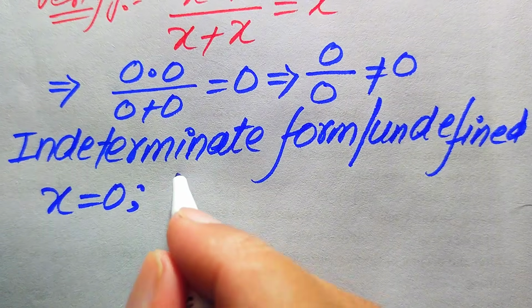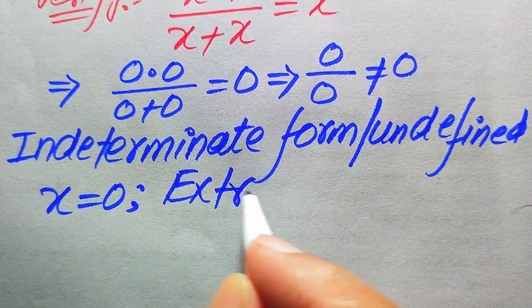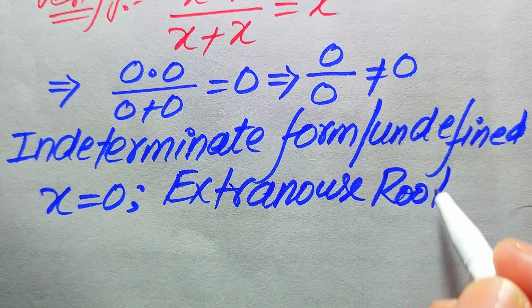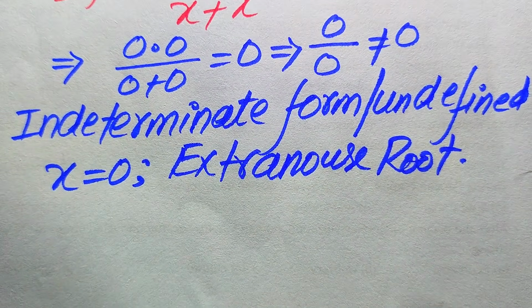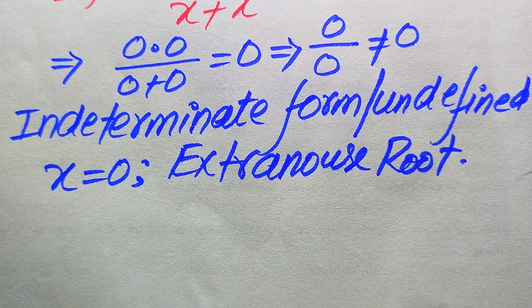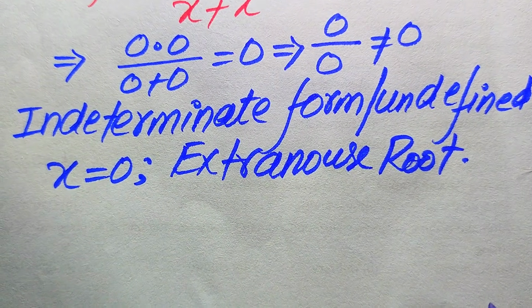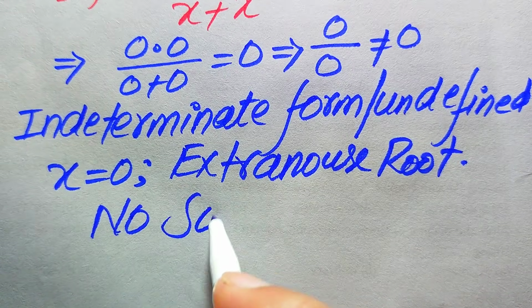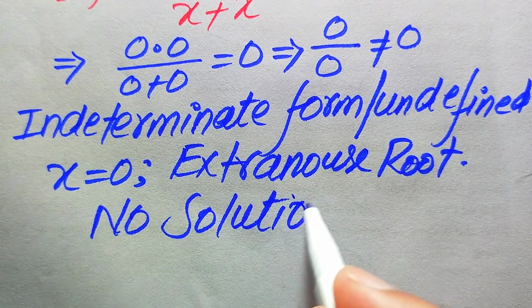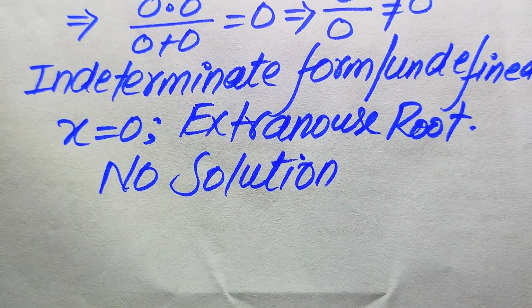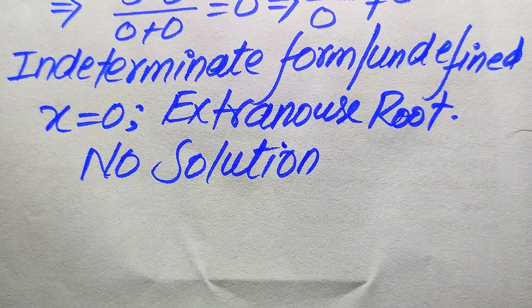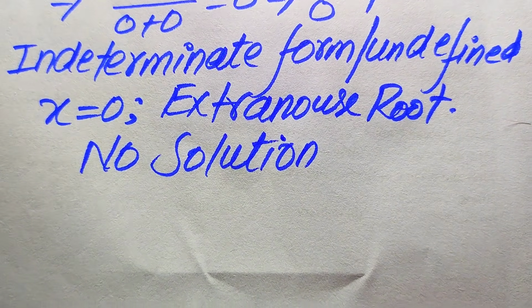So we call x is equal to 0 an extraneous root of the given equation. Further, we cannot get any other value of x which satisfies our given question statement. So we finally conclude that this question has no solution in general. This is our final answer from the first method.